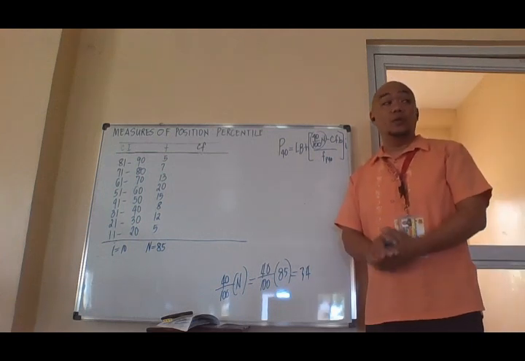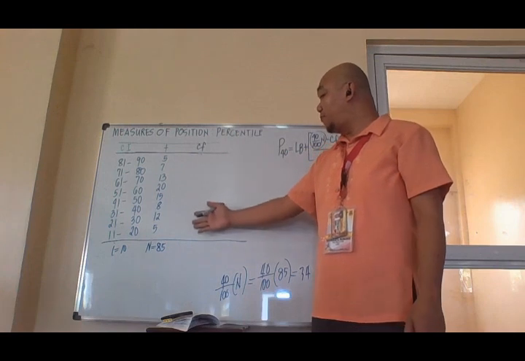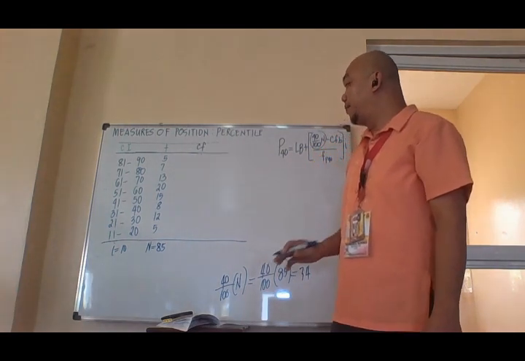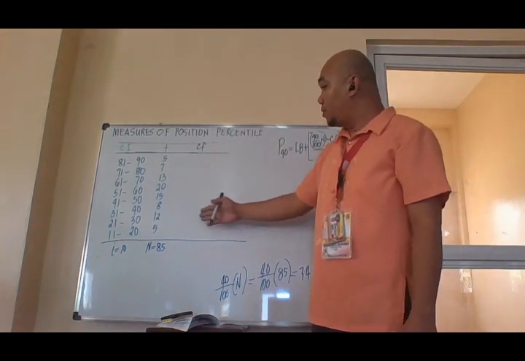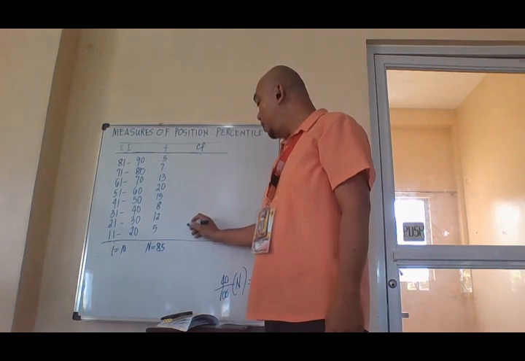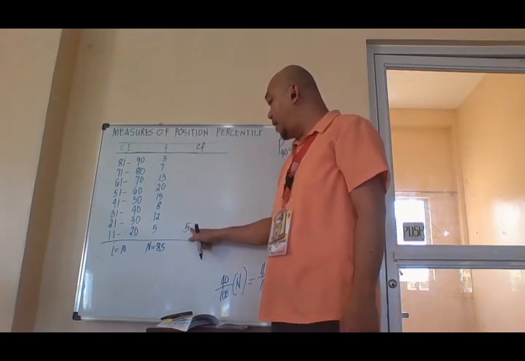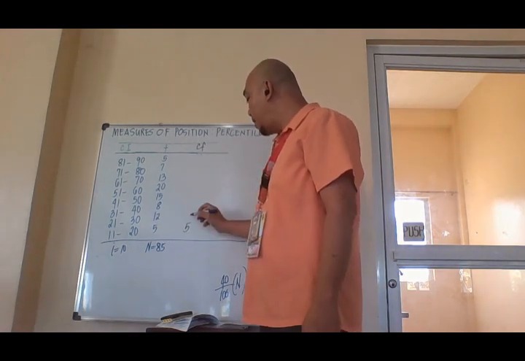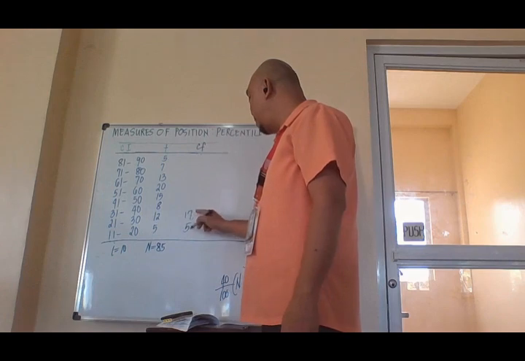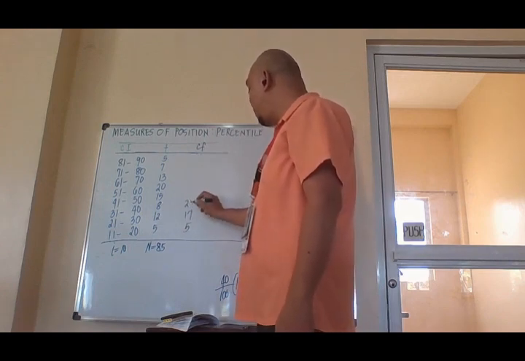Now, since we identified already that 40 over 100 times n, or times 85, is equal to 34, the next thing we have to do is to construct the cumulative frequency column. Whatever the value at the bottom, we just copy, and then add 5 and 12. So we have 17. 17 plus 8, we have 25.